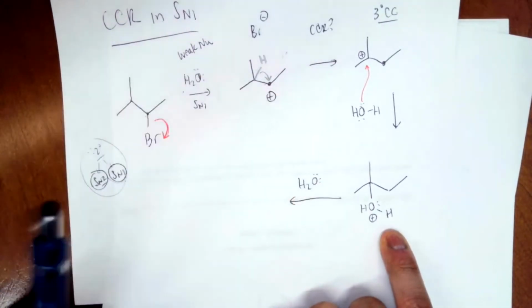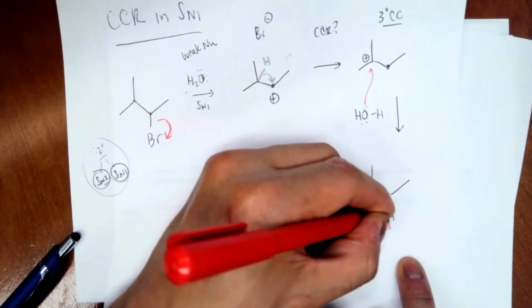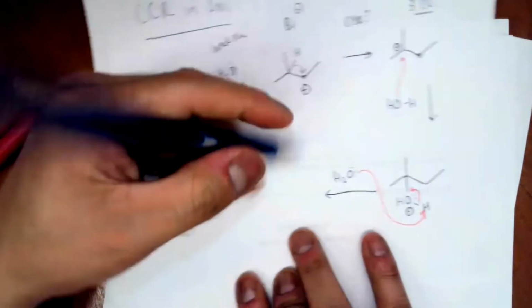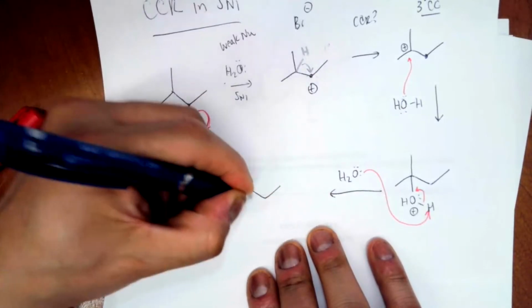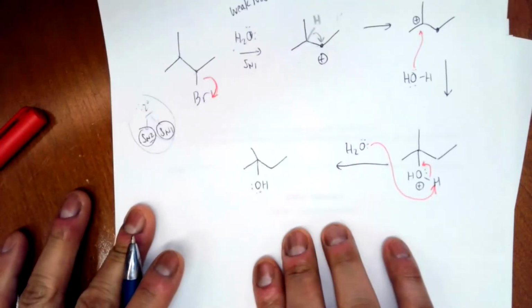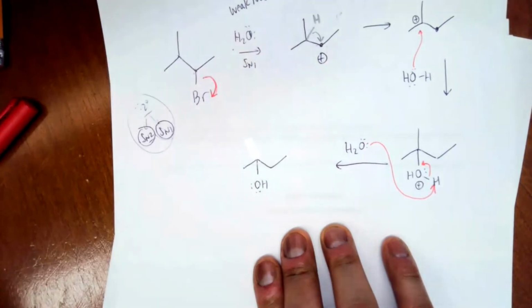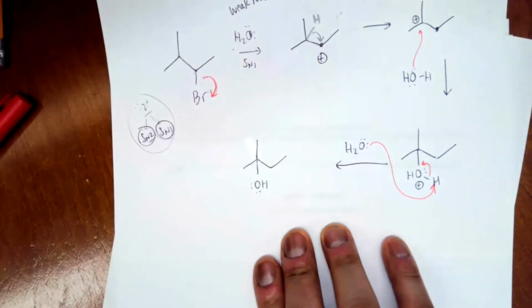More water, because the water, remember, is a solvent. So water will remove the H, and this one goes back to the oxygen. That will be my product. My product right there.